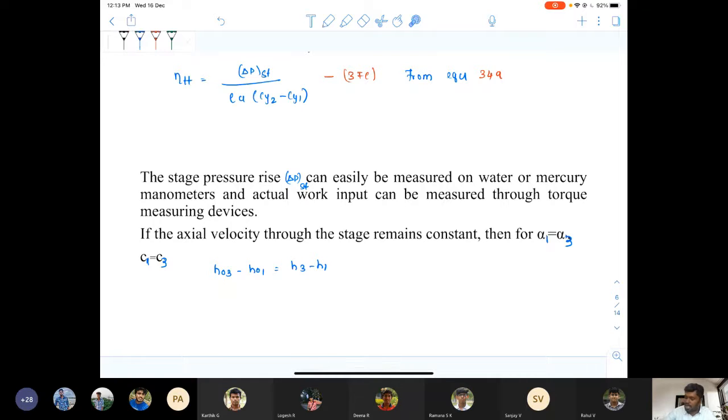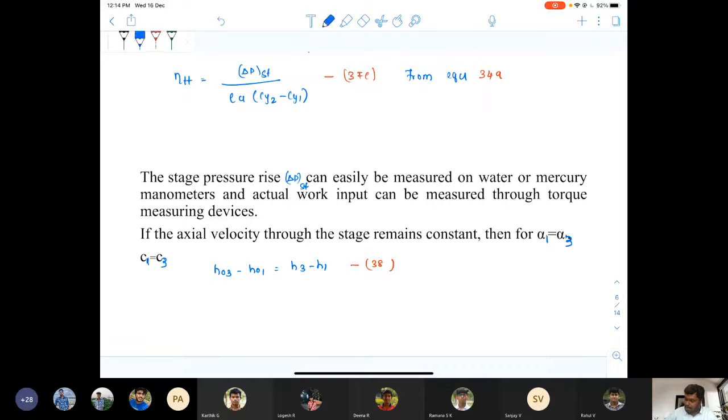That is, the stagnation value is now being written in a dynamic format. If we add half C1 square and half C3 square, this will become H3 minus H1. Therefore, the stagnation enthalpy H03 minus H01 can be written as H3 minus H1, and consider this as equation number 38.